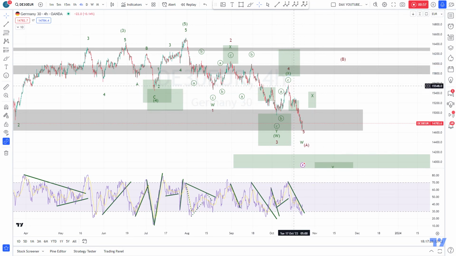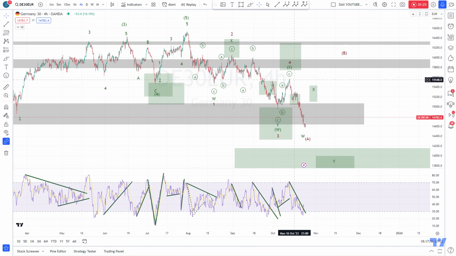The DAX did not, and this was a bit of a difficult situation. The indices were not really in sync, and it turned out that the market followed the Nasdaq, and so the DAX did not reach this area right here.